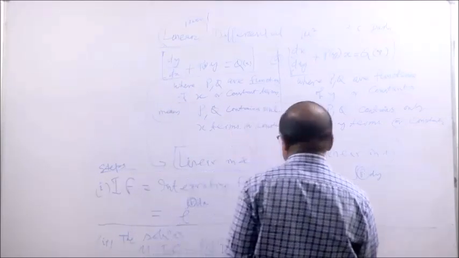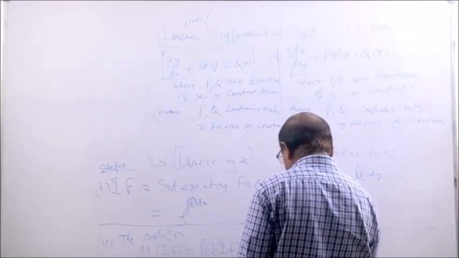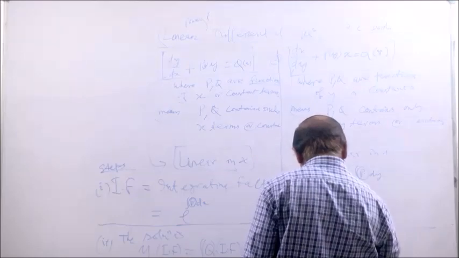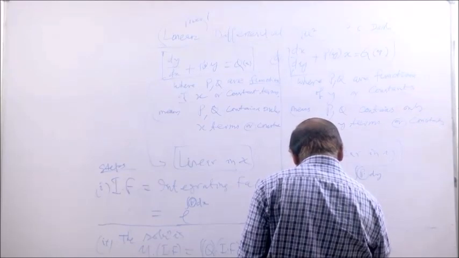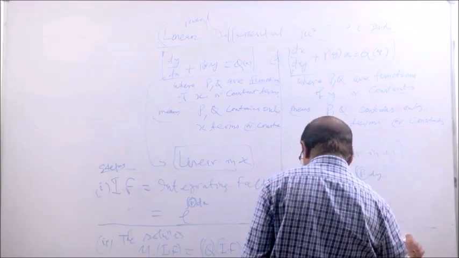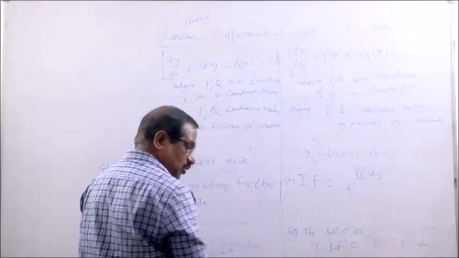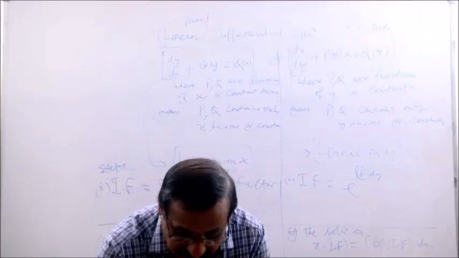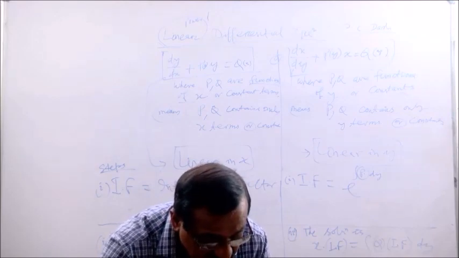Here on this side, just remember something different. The solution is x into IF is equal to integral of Q into IF dy. Right. Now let us proceed to solve a problem.